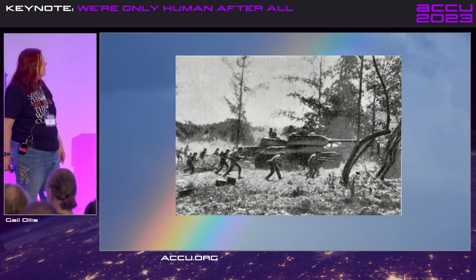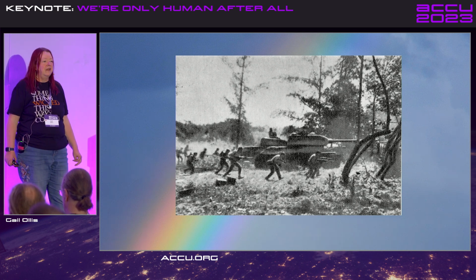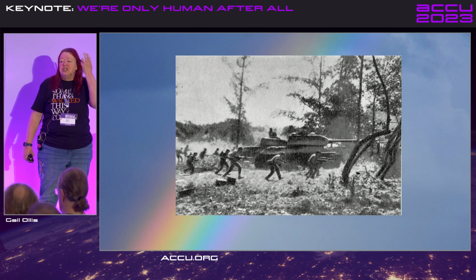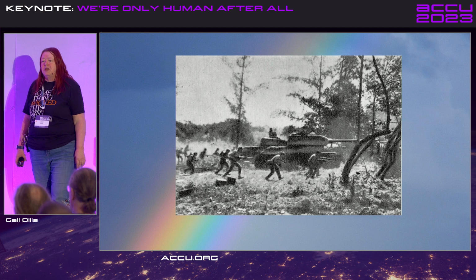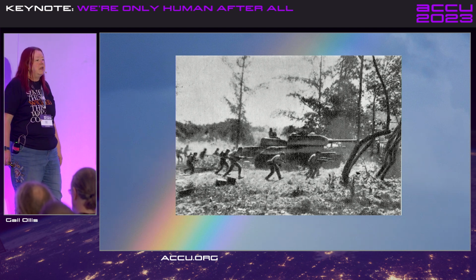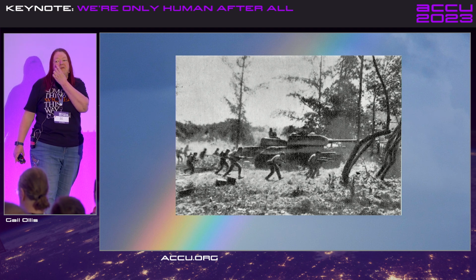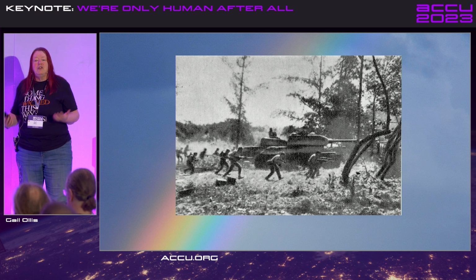Let's talk about Bay of Pigs. Anyone familiar with the Bay of Pigs story? Yeah, absolutely. For those who aren't, short version: a failed US invasion of Cuba in 1961, generally considered to have been quite a bad idea. One of the reasons mooted for this is that groupthink took over.